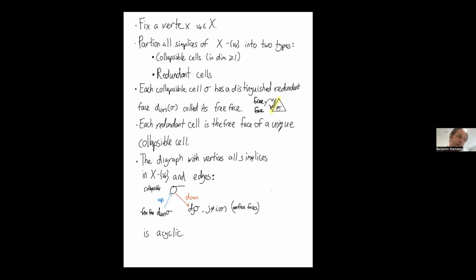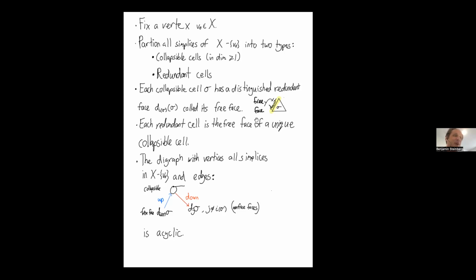Here it is in a picture. So sigma is my collapsible cell, and it has a distinguished face, which is going to be called its free face. And the distinguished face is really distinguished in terms of which face it is on the simplex, like its opposite vertex i. Remember, in a delta set, it's possible that this face and this face get glued together.